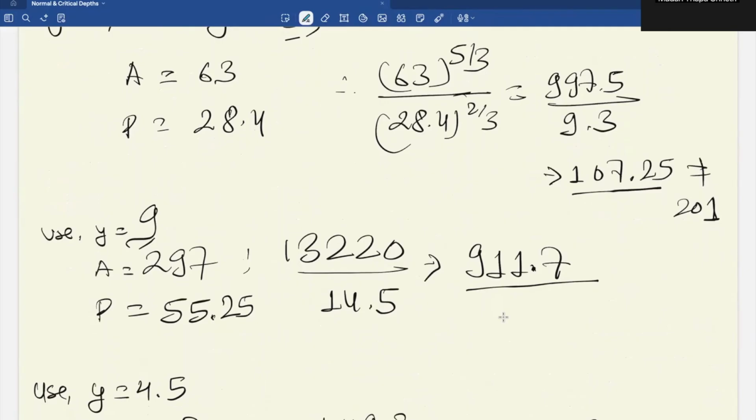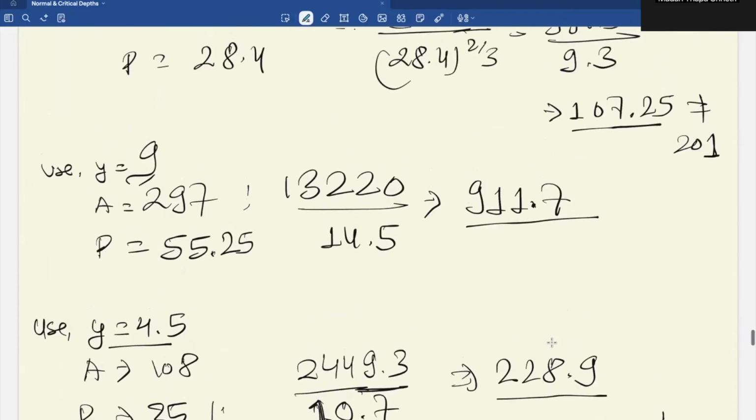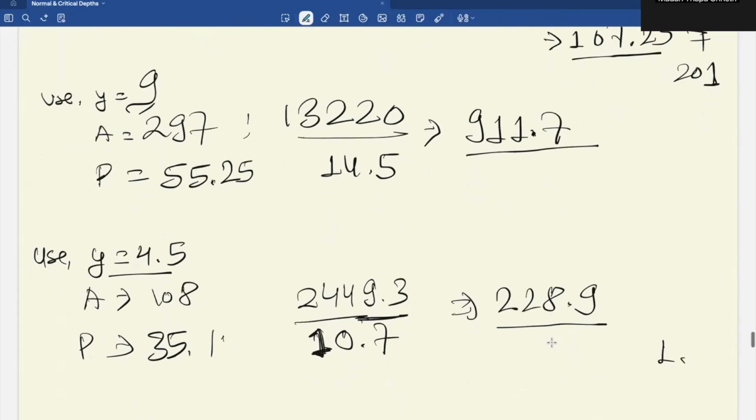So let me come back to half of that. When I use the value of y as 4.5, area is equal to 108 and p is equal to 35, and when we use that equation, it gives us 228.9. It is slightly closer to 201, but let me be precise.